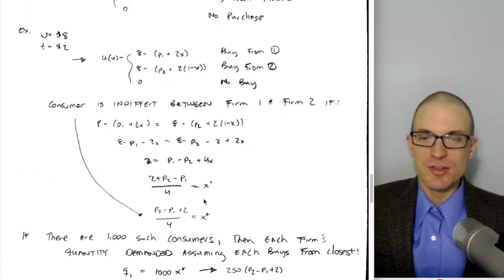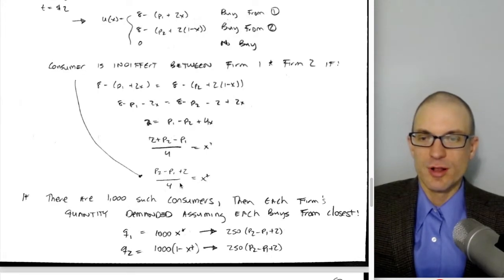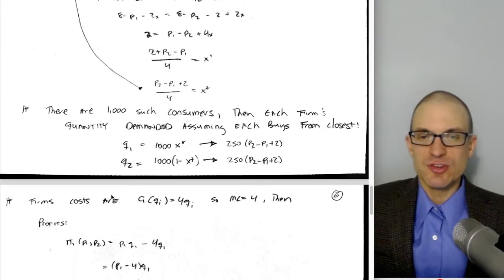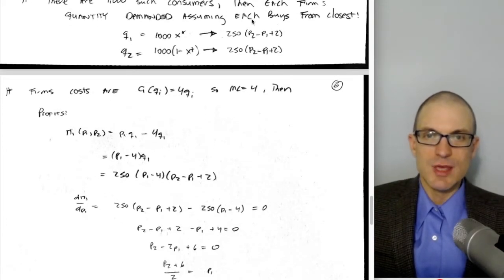Just algebraically solving, I get a position of (P2 minus P1 plus 2) over 4. If there are 1,000 such customers, then each firm's quantity demanded, assuming each buys from whoever's closest, is going to be 1,000 times this.